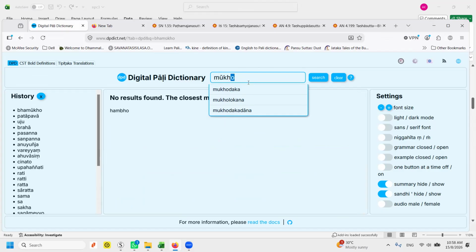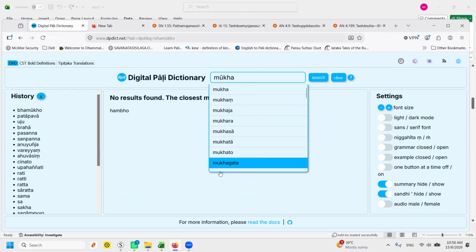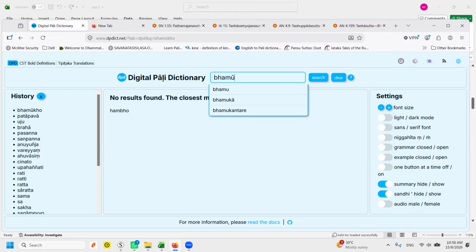You cannot find this long U. Muka is all short U. Until this time, when I put a long A, you cannot find it. You can only find Muka with a short U. So technically, there is some kind of wrong word or something.